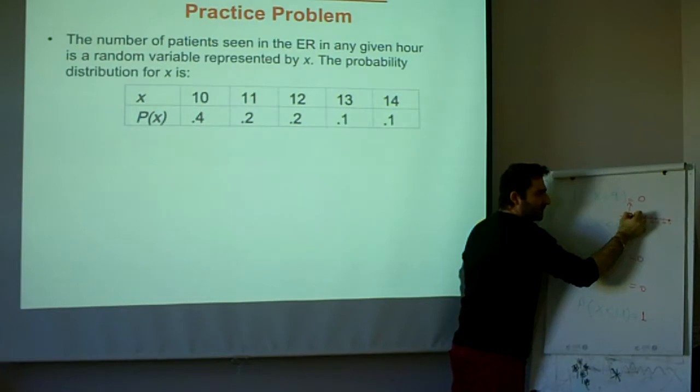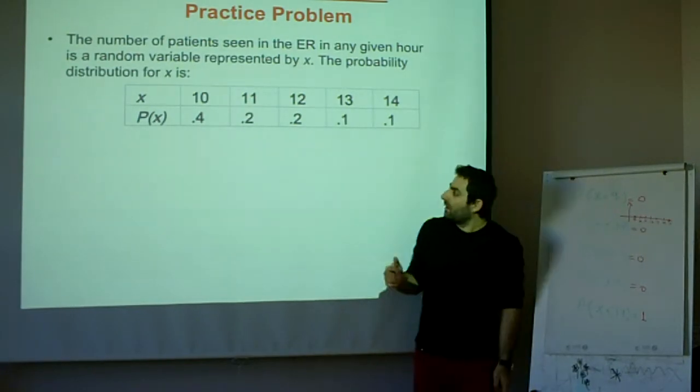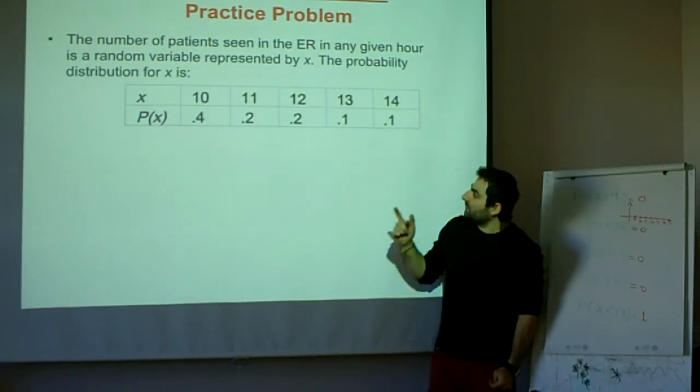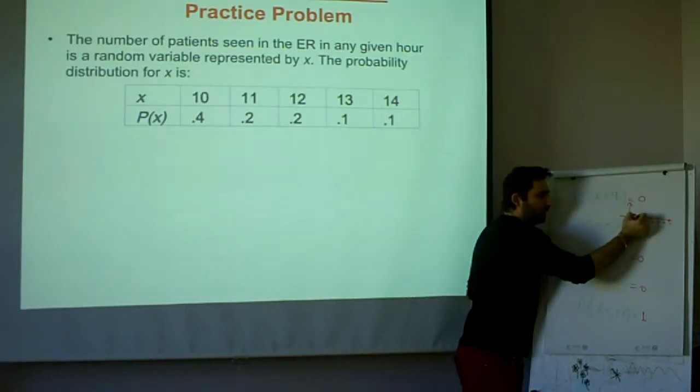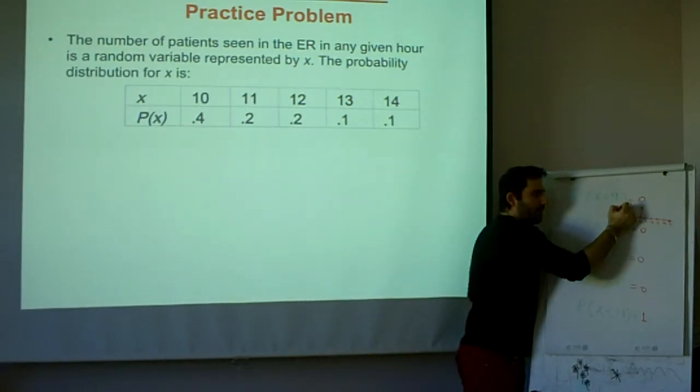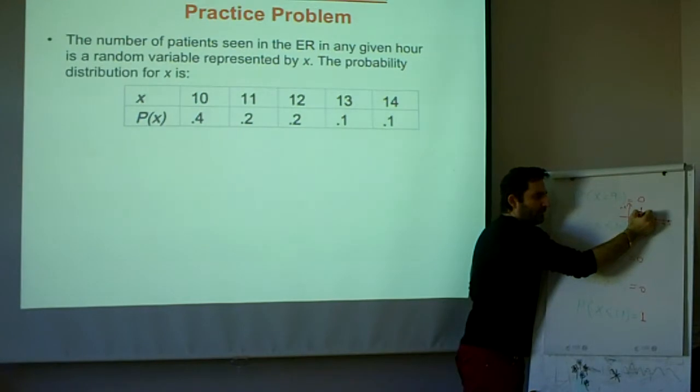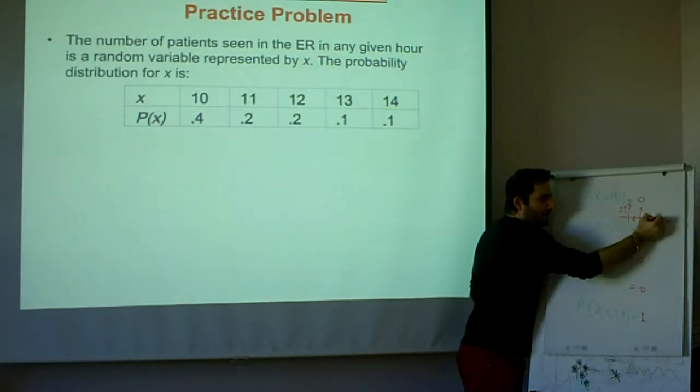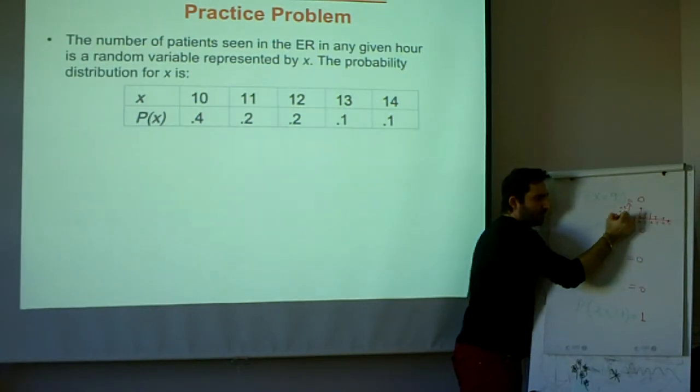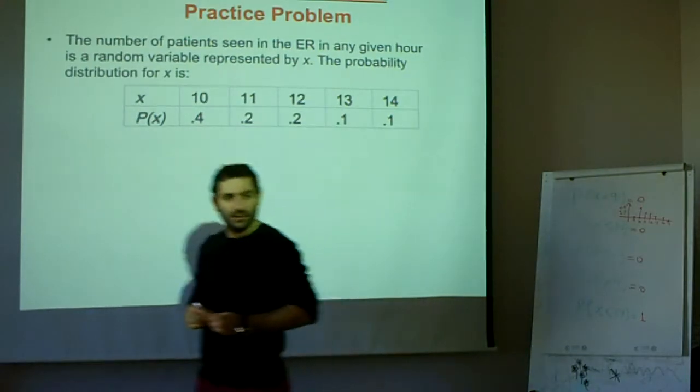Anything above or below those is 0. 10 is 0.4. 11 is 0.2. This is also 0.2. These are 0.1. So this is the PMF.